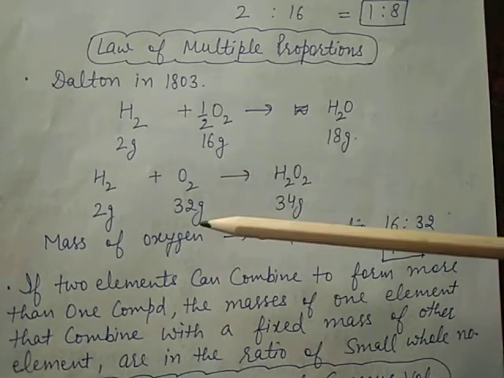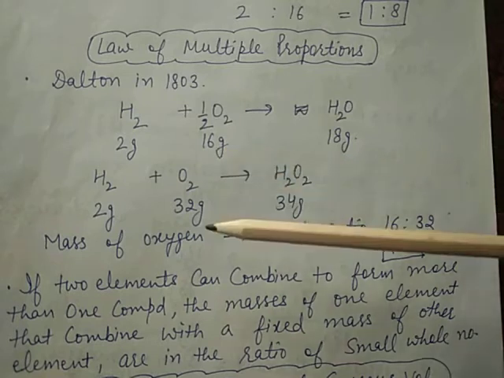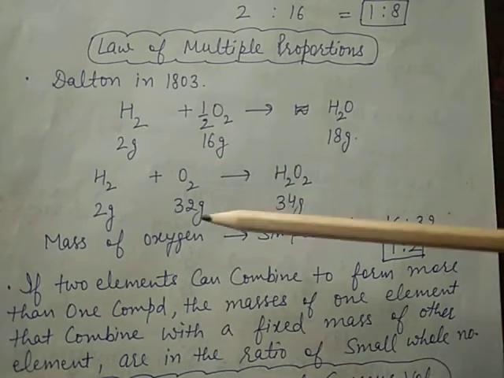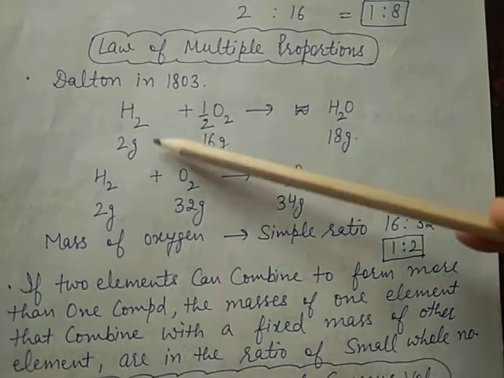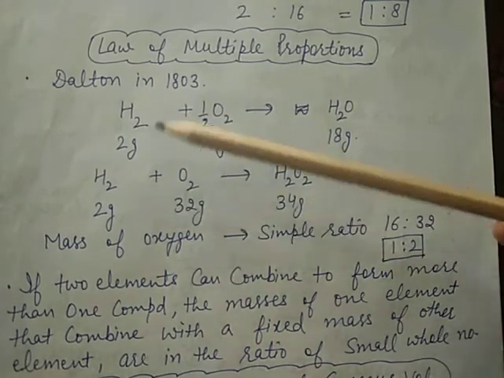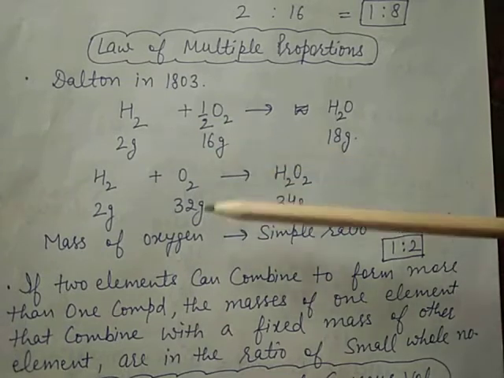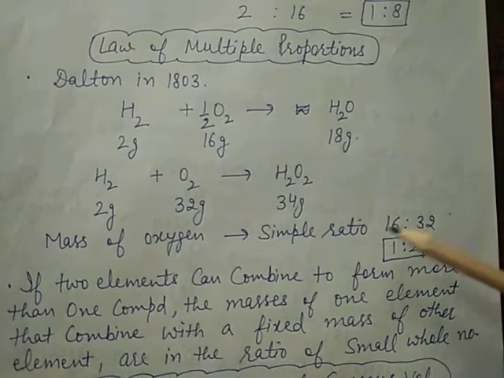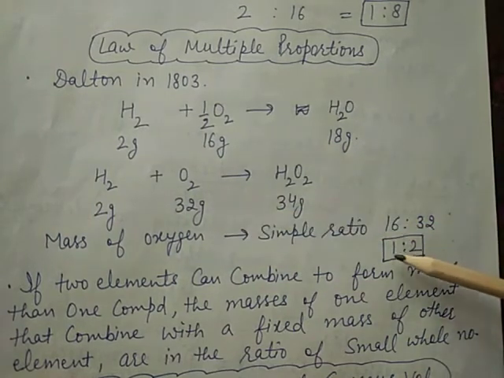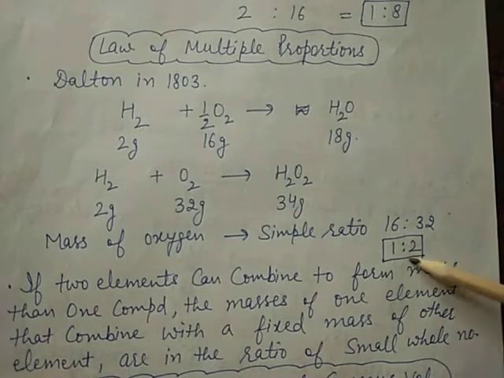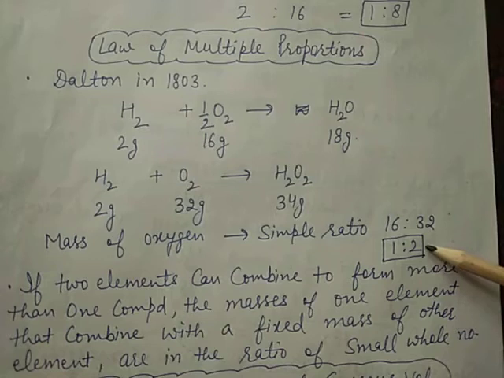The masses of oxygen, 16 and 32, combine with a fixed mass of hydrogen, that is 2 gram, and give a simple ratio, 16 ratio 32, which is 1 ratio 2. It is a small whole number ratio.